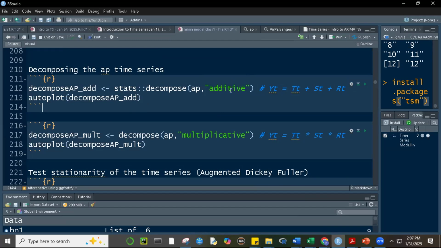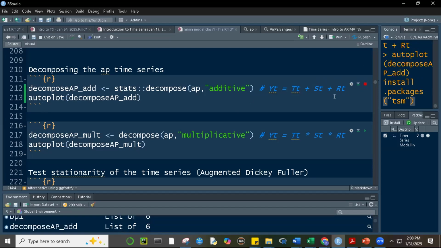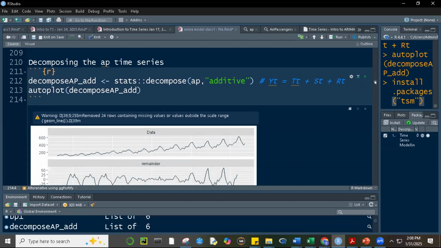When you're modeling it using additive seasonality, this is the equation. Your y sub t is equal to your trend plus the seasonality plus a certain random term. The random term is those that cannot be part of your seasonality or your trend. Okay, so that's the random part. And then let's autoplot this object, decompose AP additive. If we run this, we can see now the breaking down. It's really decomposing it.